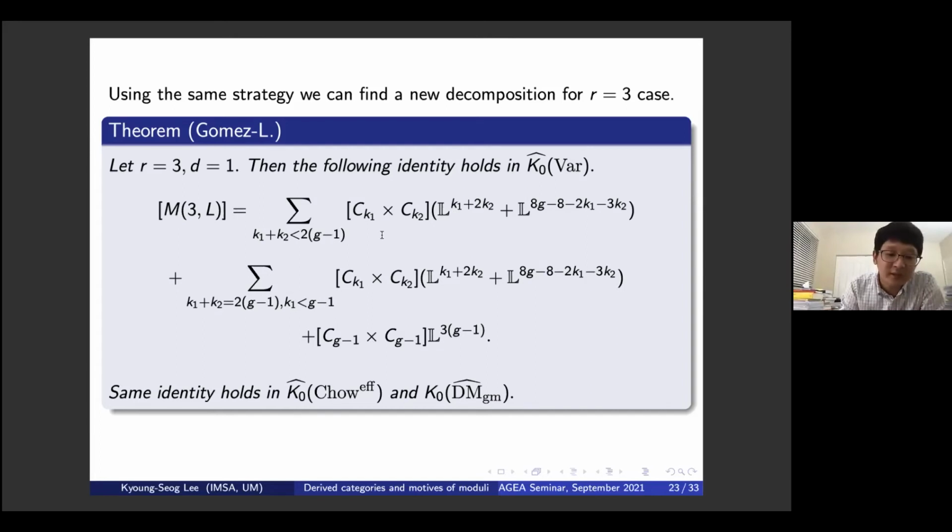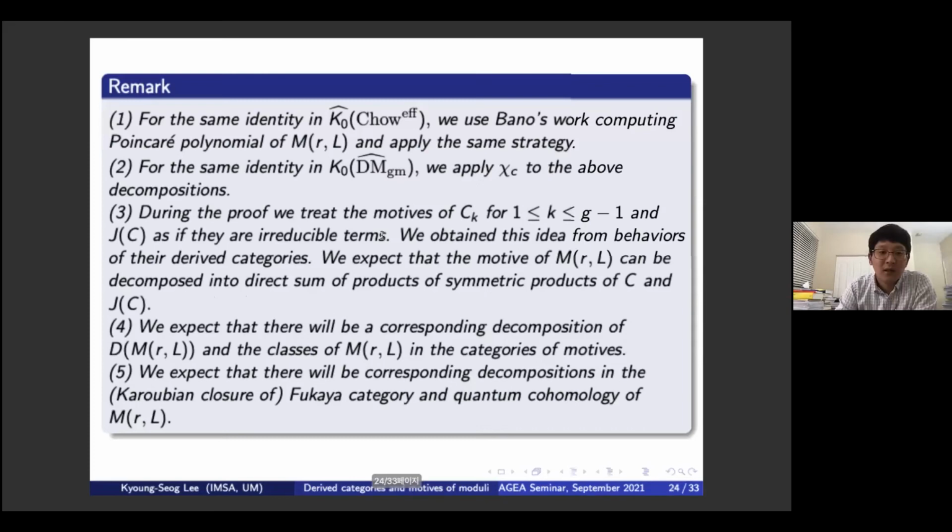One can prove that the same identity holds in the Grothendieck ring of Chow motives or the Grothendieck ring of Voevodsky's motives. For the same identity in Chow motives, we use Bano's other work computing the Poincare polynomial.